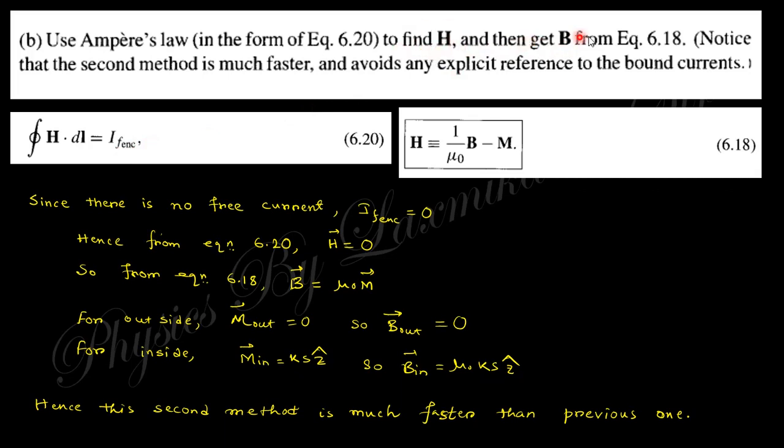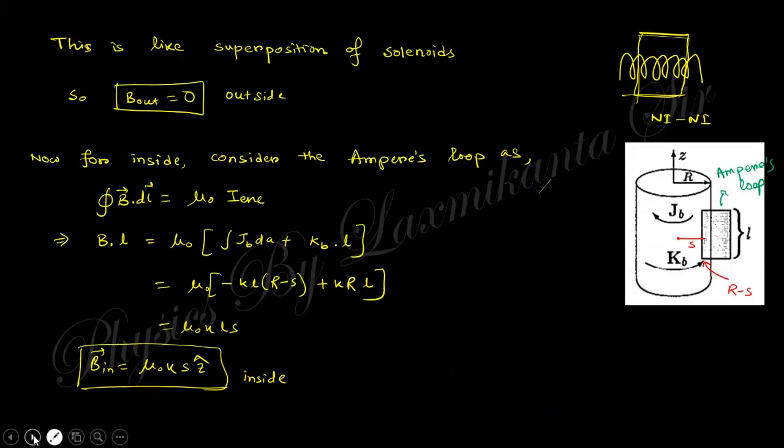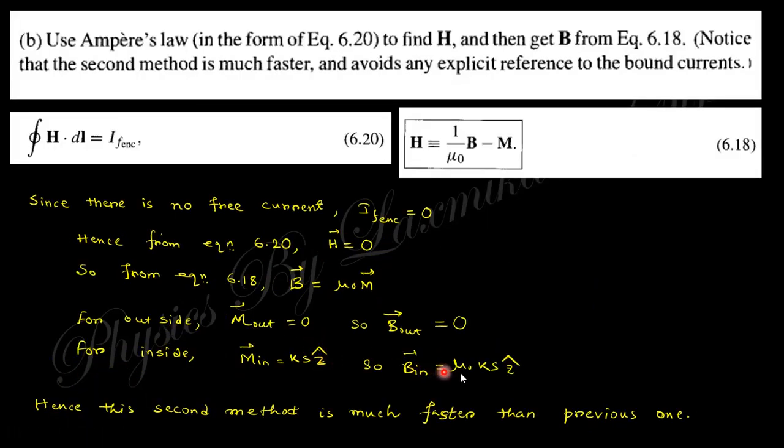Find H, then get B. In this case there is no free current, so I_f enclosed will be 0. Hence H equals 0. Since H equals 0, B equals mu naught M, and we know M is 0 outside, so B outside is also 0, and inside M is Ks Z cap. So if you put this Ks Z cap, we get B in like that.